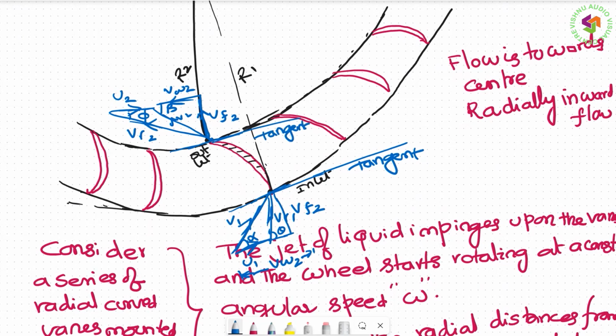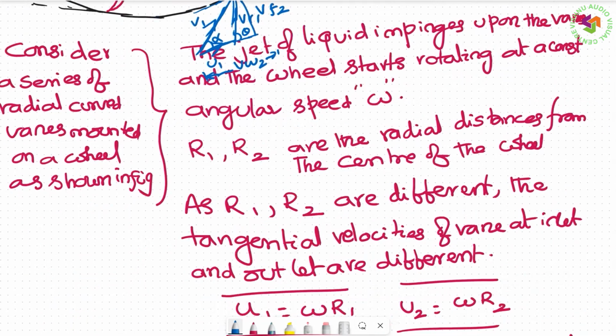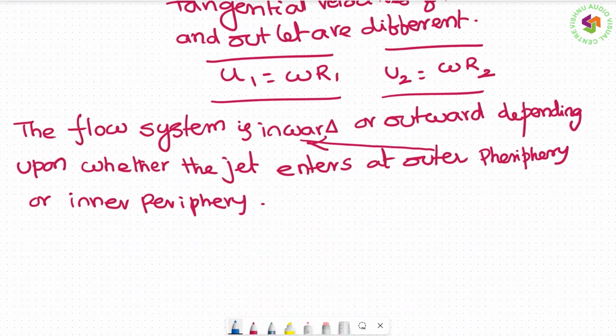The rest of the things are the same. There is no difference in the velocity triangles. But only thing is, in the previous cases the distance between the center and the jet is the same, but now it is different. So that's why this U1 is different, U2 is different.